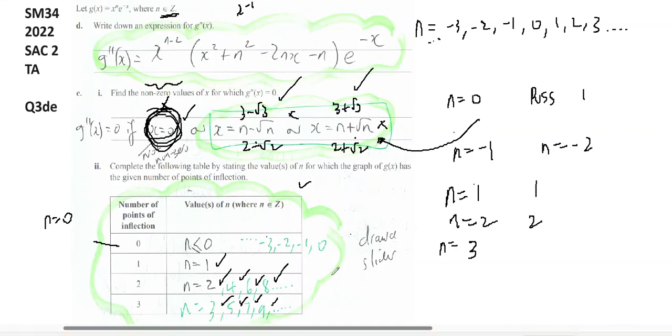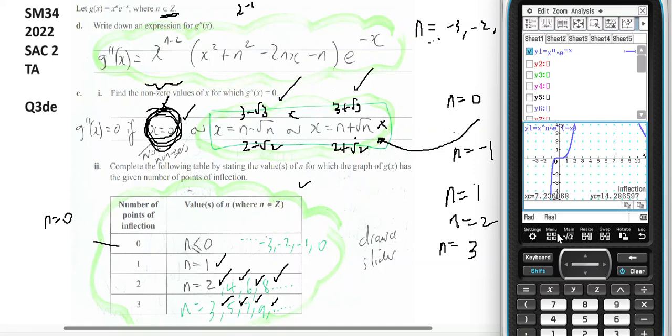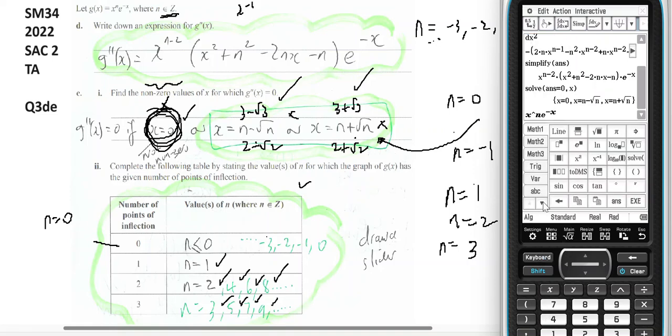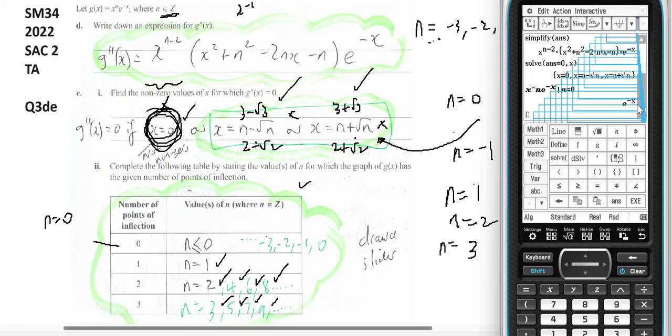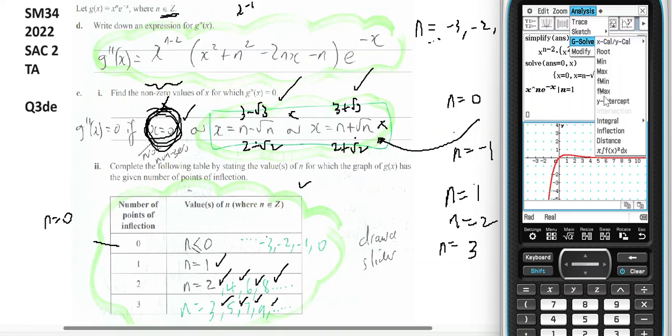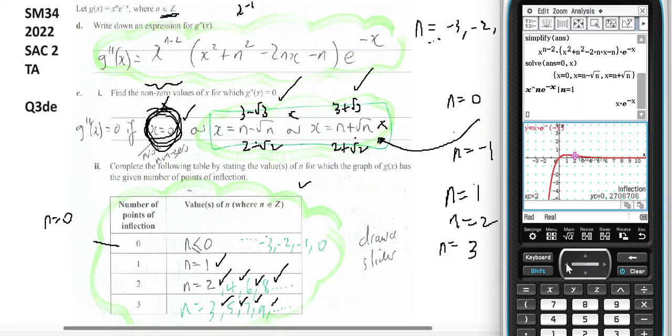You obviously can also, if you want to, just work in graphs and tables and bring this in, and you can go keyboard, math3 given, n equals 0, and you can drag and drop when n equals 1, and you can still do analysis, G-solve, inflection, and find the points of inflection on your calculator.